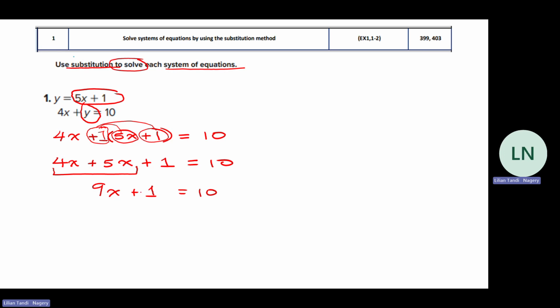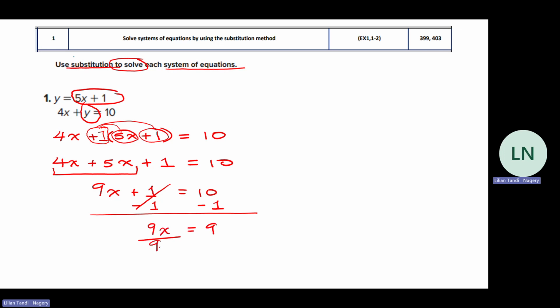So 1 has to go and be with the friend 10 because they are both numbers and they don't have a variable. So for 1 to go to be with 10, because it's crossing this bridge here, it has to change the sign. It was positive, now it will be negative. So I will subtract 1 on both sides. So this goes away. I will get 9x equals 9.